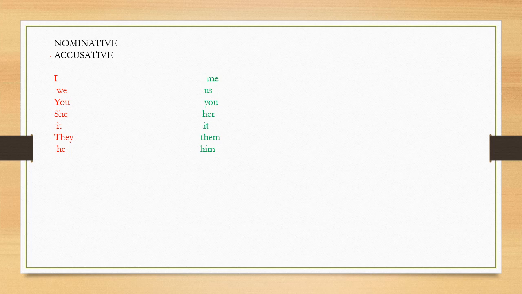"You" remains the same. They wrote a letter. How do I change? A letter was written by them. So "they" in the nominative case becomes "them" in the accusative case. "He" becomes "him" in the accusative case. Remember this nominative and accusative case.